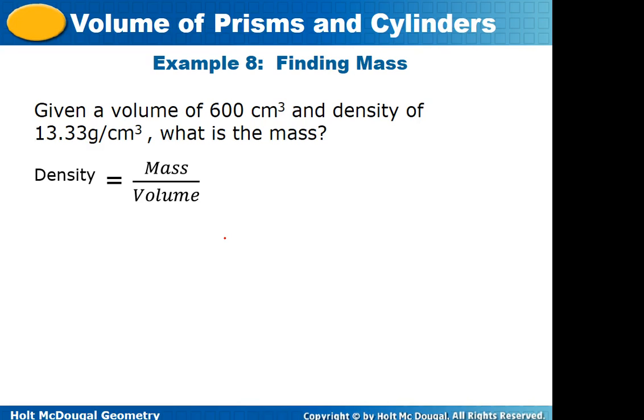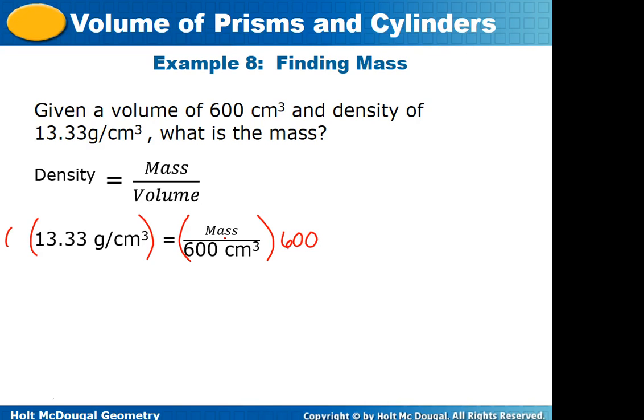We're given the density this time, and so it's going to go on the left. Recall that the way we get rid of something that's in a denominator is to multiply both sides by what's there. So this is exactly what we're going to do here to get rid of that 600 on the bottom. So that's how we're going to solve for our mass. So that is 7,998 grams.